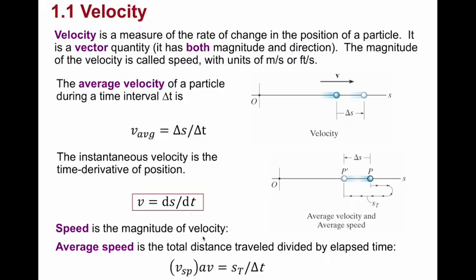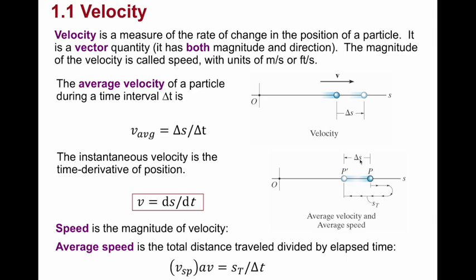The speed is the magnitude of the velocity, and we can also talk about average speed, which is the total distance traveled divided by the elapsed time. This is different from the average velocity. For example, here we have the origin, our initial position P, and the final position P prime, but our particle moved first to the right and then it went backwards, or moved to the left, to the final position.